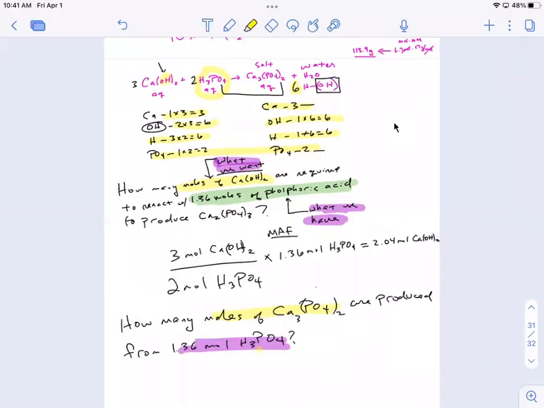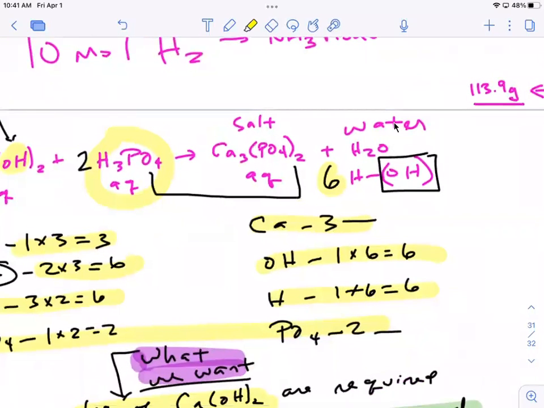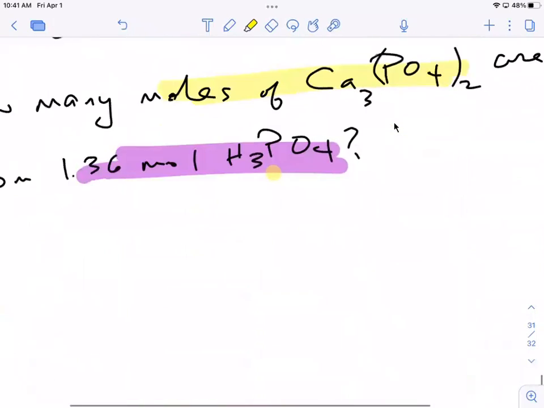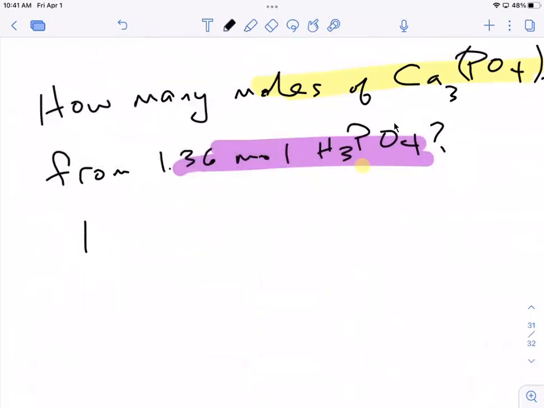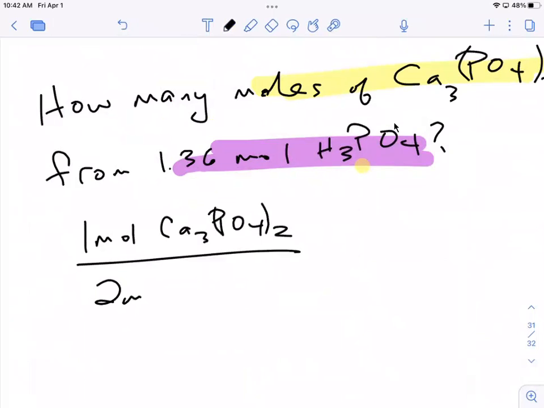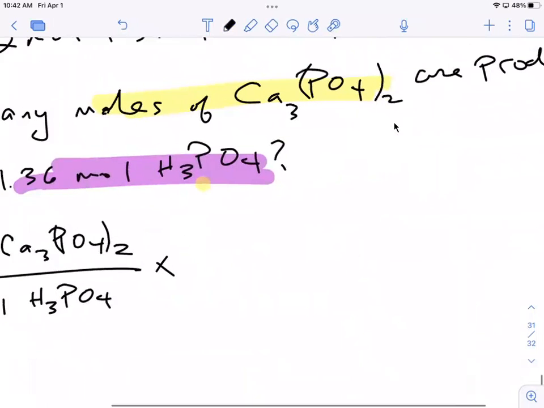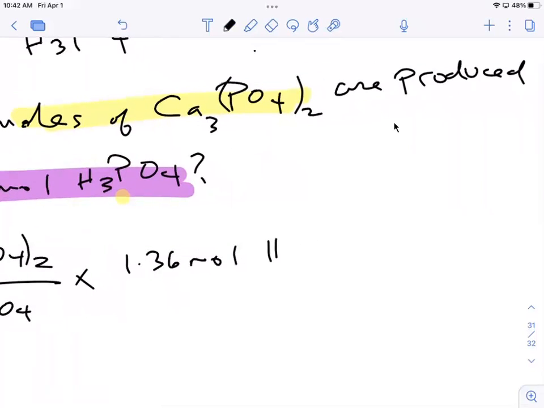So the ratio here of calcium phosphate to phosphoric acid is 1 to 2. Right. So I'm going to use that down here. I'm going to say 1 mole of calcium phosphate over 2 moles phosphoric acid times 1.36 moles of phosphoric acid.